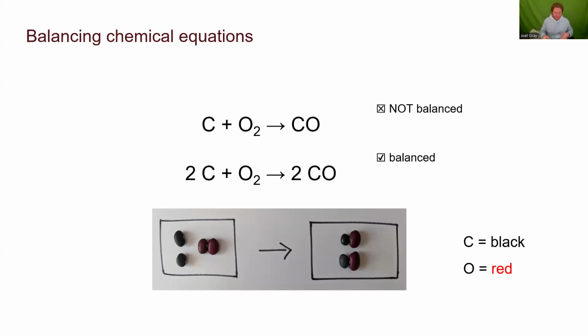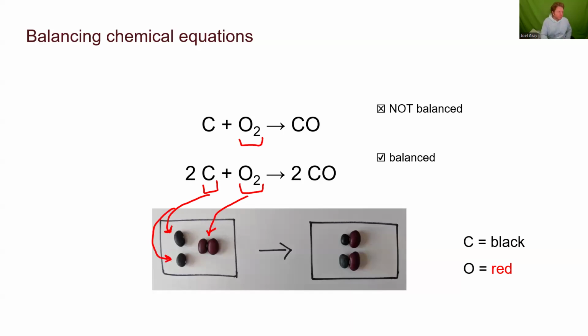Now, here what we have is another symbolic representation. This is an example where I believe black beans and kidney beans were used. Here, kidney beans represent the O2, and the carbon is represented by black beans there and there, respectively.